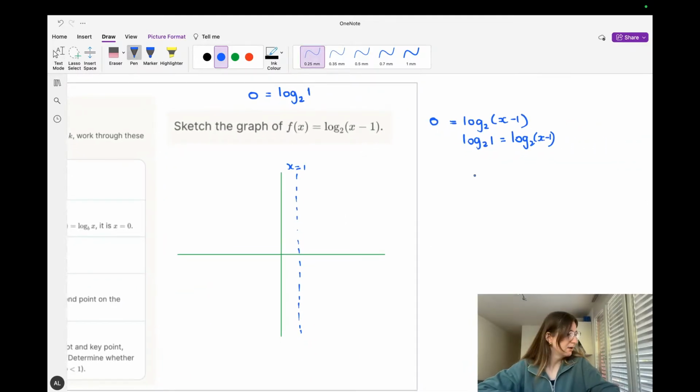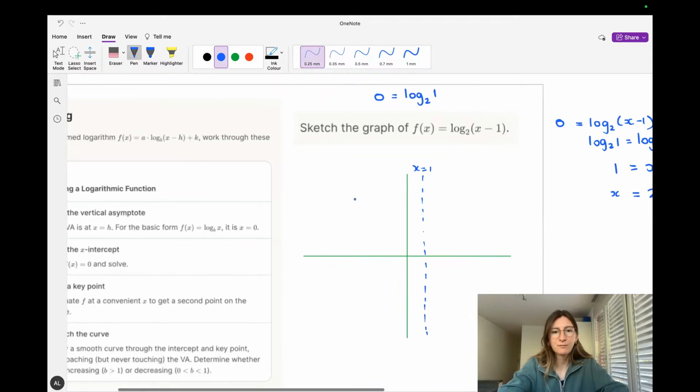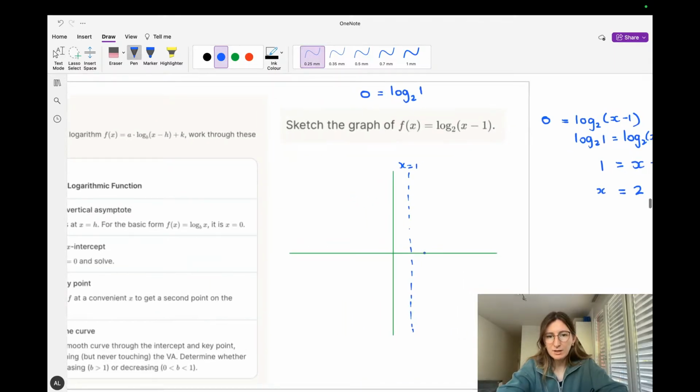All right, and now hopefully you can see. So all I've done here is changed that 0 and made it a log base 2. Now that I have log base 2 on both sides, I can drop the logs. So if I drop the log, I'm left with 1. And if I drop the log here, I'm left with x minus 1. So add 1 to this side, so x equals 2. So now I know that my intercept there is at x equals 2.